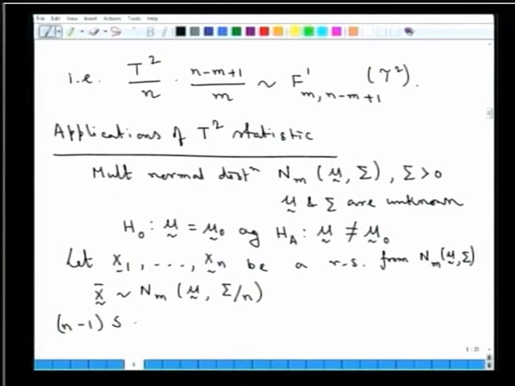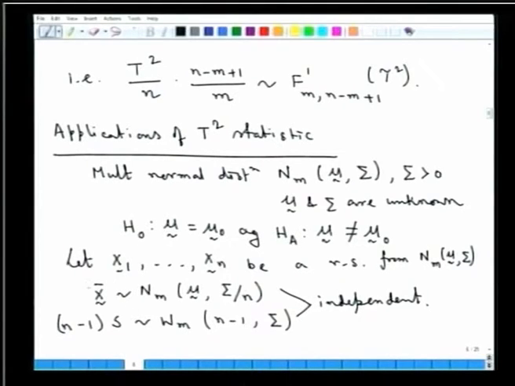So n minus 1 S has got a Wishart distribution, Wishart m, on n minus 1 degrees of freedom and an associated variance covariance matrix as sigma. And what is more about these two statistics is that x bar and S are independent. So this is what we have already proved concerning random sampling from a multivariate normal distribution.